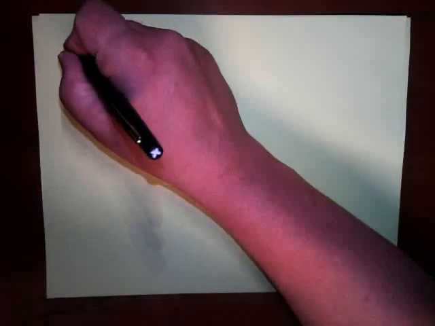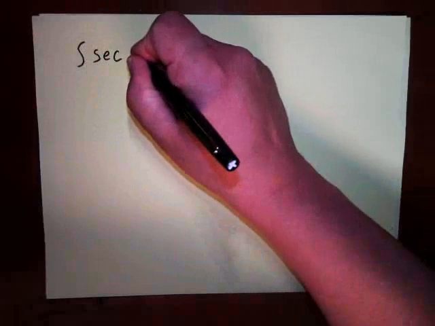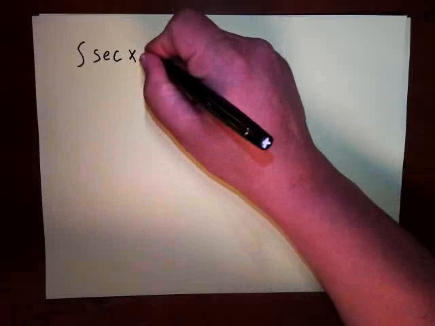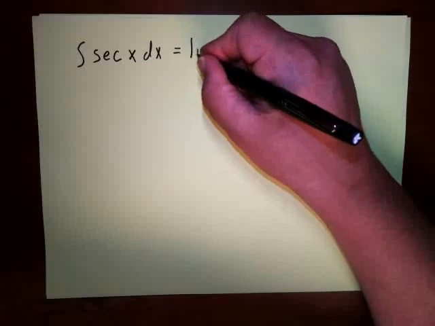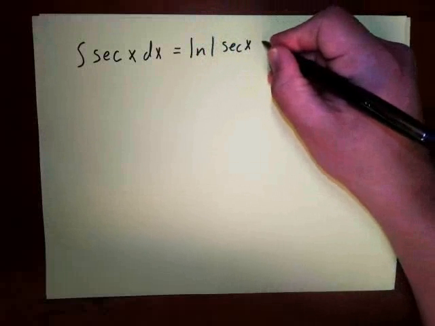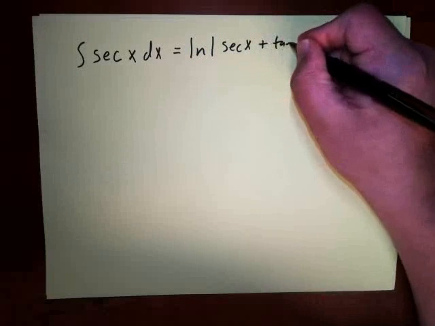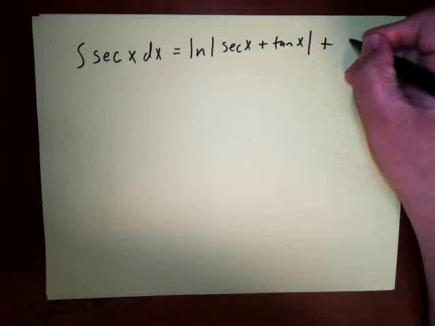So now what I want to do is use this to prove the antiderivative for the secant of x dx. What this actually ends up being is the natural log of the secant of x plus the tangent of x plus c.